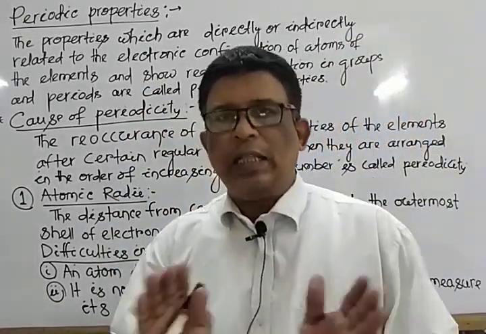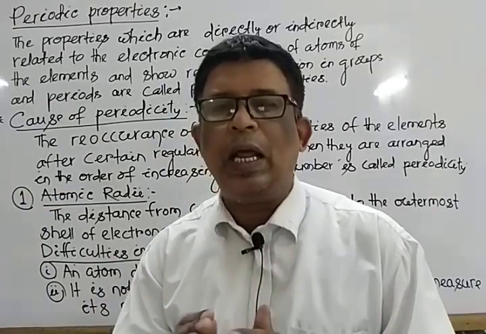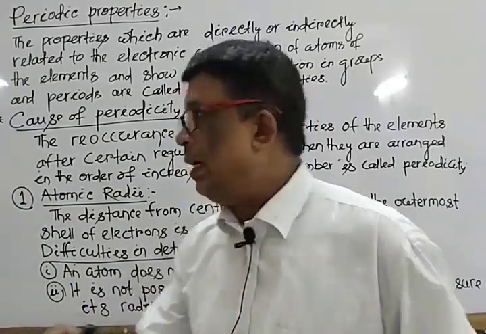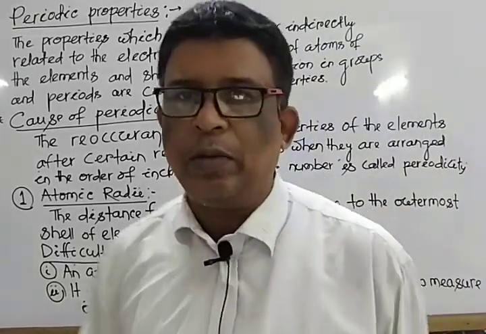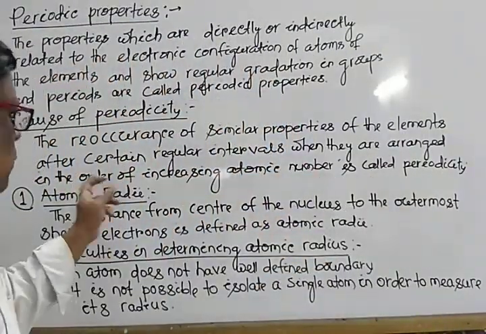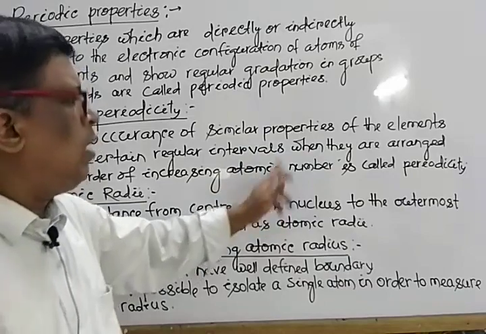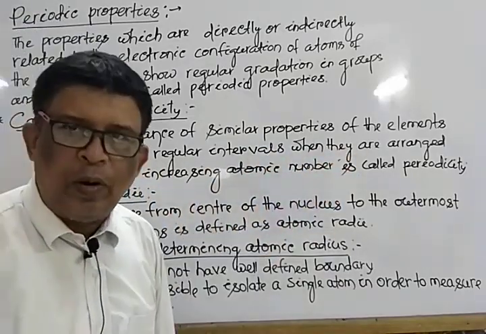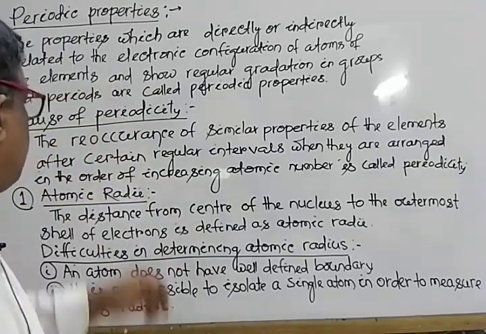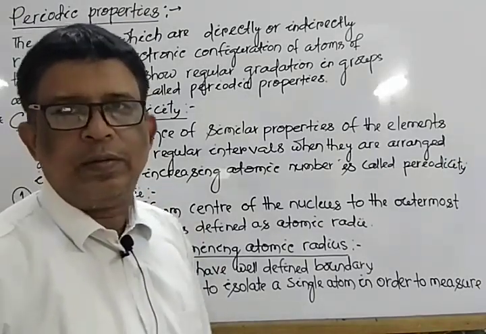Already we discussed, that is the reappearance of their similar character after a regular interval. That means the reoccurrence of similar properties of the elements after a certain regular interval, when they are arranged in increasing order of their atomic number, is known as periodicity.